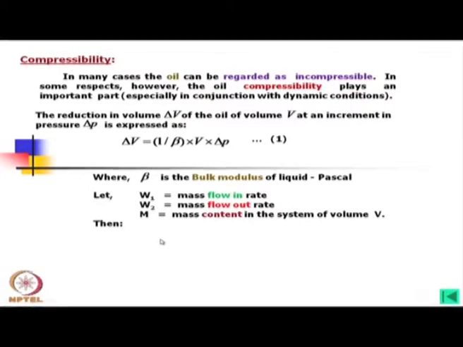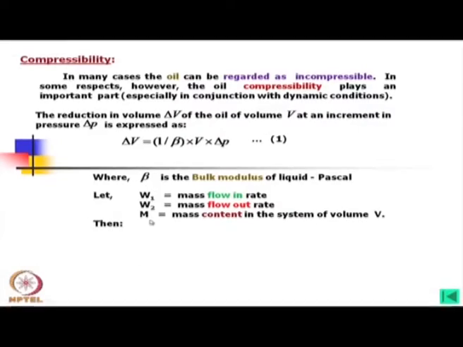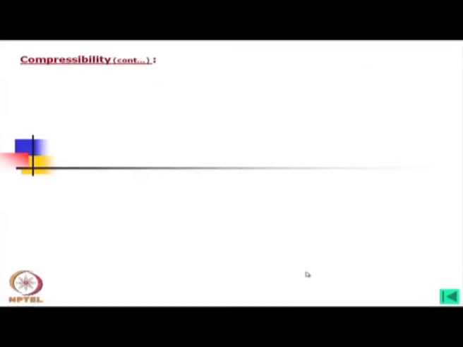Now, this is normally for an instant, because if we consider in the long run, then definitely it cannot conserve the flow inside. M is equal to mass content in the system of volume V, then W1 minus W2 is equal to dm by dt. This you can easily understand.